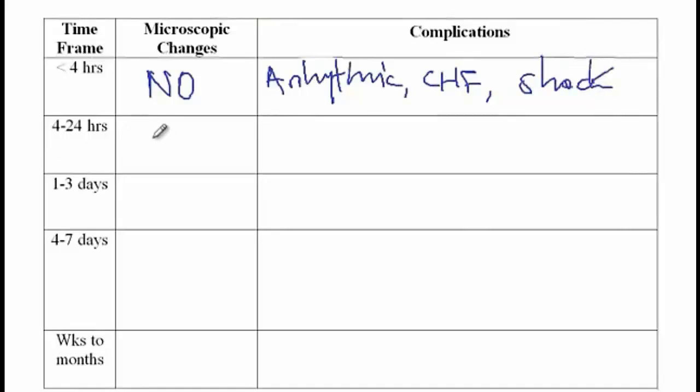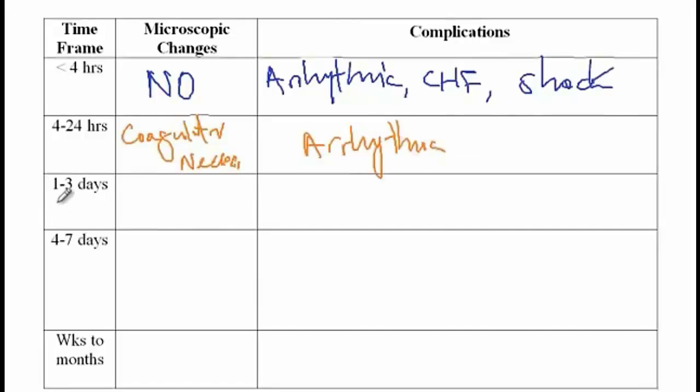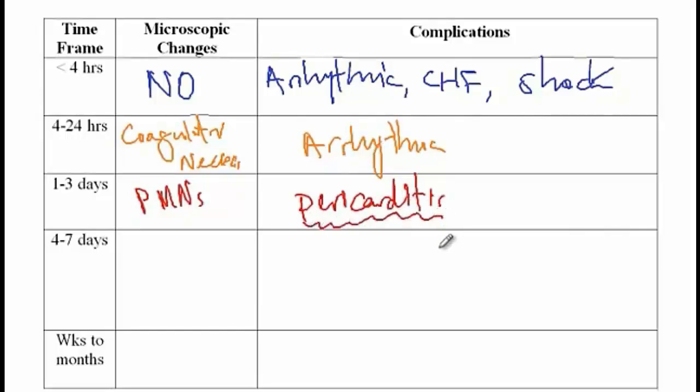Between 4 to 24 hours, there would be coagulative necrosis, and then there would be increased risk of arrhythmia. In 1 to 3 days, neutrophils will accumulate and cause inflammation, as a result of which there would be pericarditis in these patients. So they present with a chest pain that improves by leaning forward, and that should give you suggestions to the diagnosis of pericarditis.